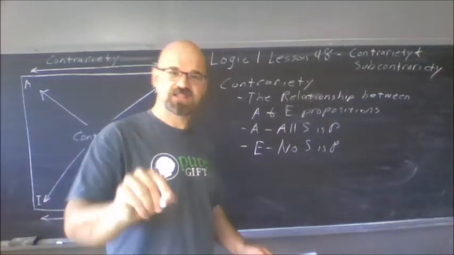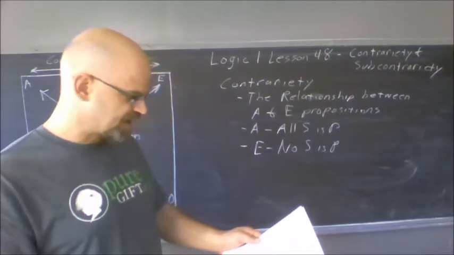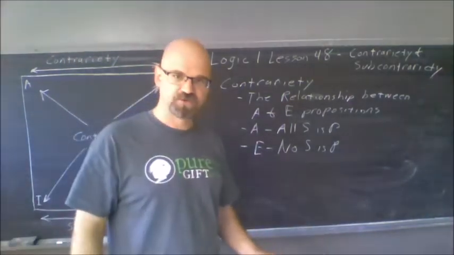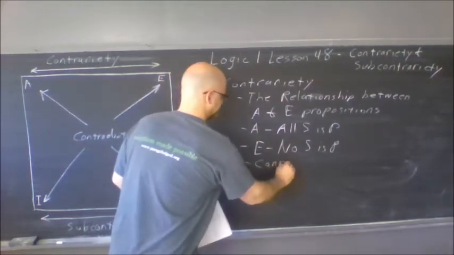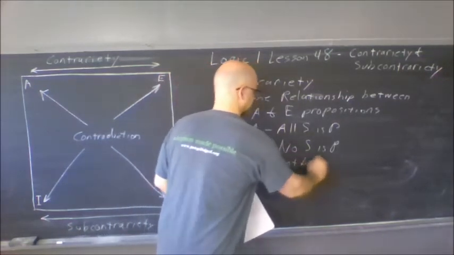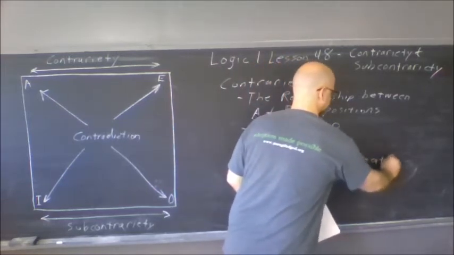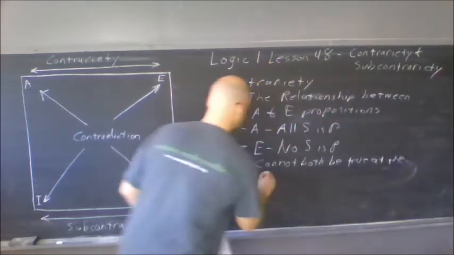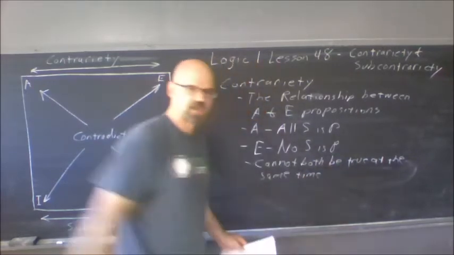What is the relationship between A statements and E statements? One of the aspects of the relationship is that they cannot both be true at the same time. Okay, so that makes sense.